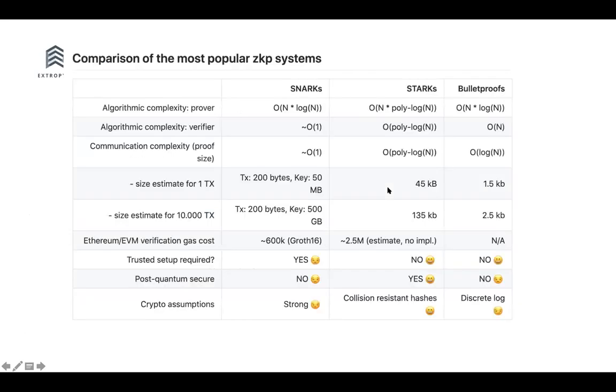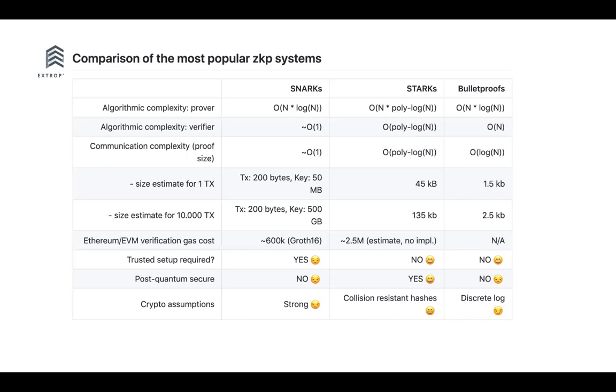This diagram is very useful. I got it from a very good blog post that is a little bit old, but it gives you an idea of some of the trade-offs between different types of zero knowledge proofs. For the SNARK, for example, the complexity size is a constant, but you do require a trusted setup.